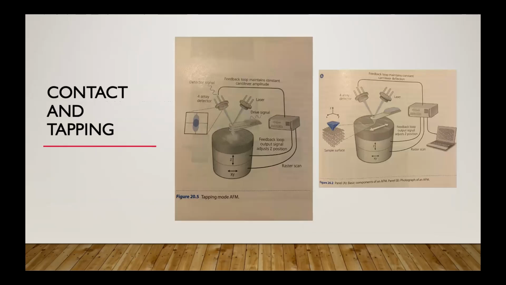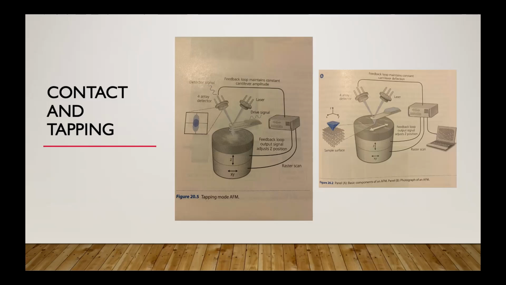So there are two main methods of running an AFM. One is a contact method, which is showed on the right-hand side. This is where the tip of the cantilever arm is in contact or very close to the surface throughout the entire scanning period.